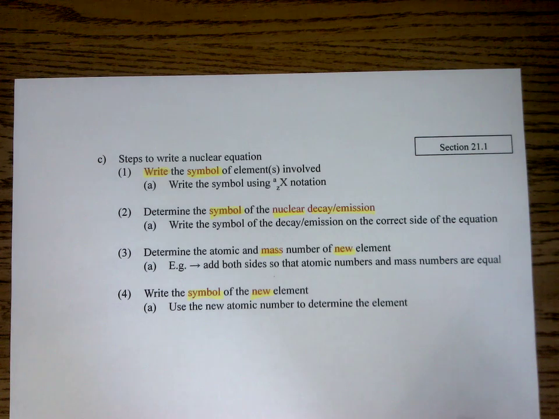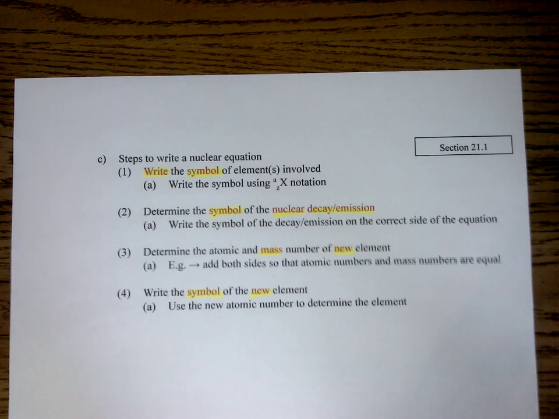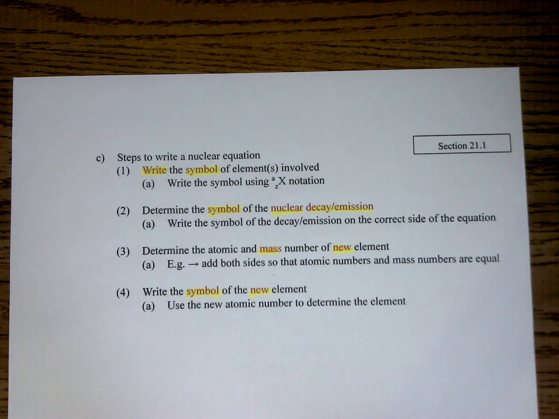Usually the decay is given. Sometimes you'll have to use the belt of stability to predict that. Then, if it says decay, that decay is going to be shown on the right hand side, and then you're just going to do some simple mathematics to get to your atomic number and number of protons for that next new element.